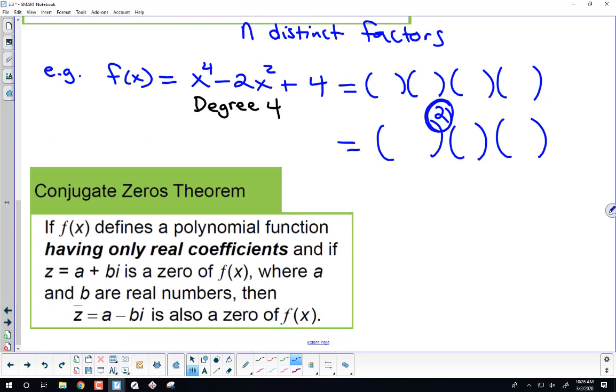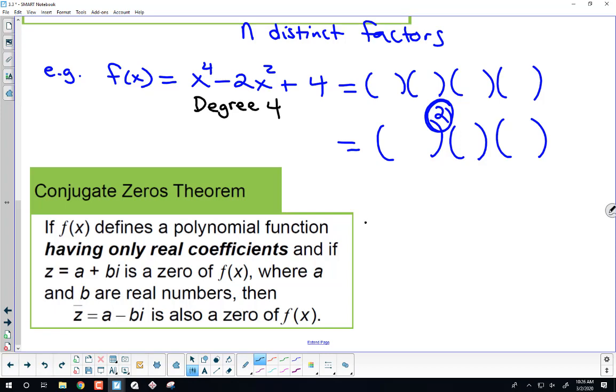And this conjugate zeros theorem is basically saying that if you have a complex solution, then its conjugate will also be a solution. So complex numbers, for whatever reason, show up in complex pairs.